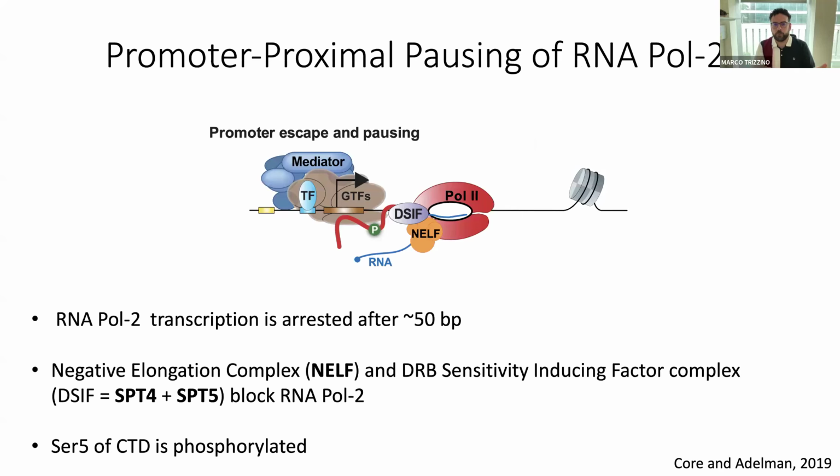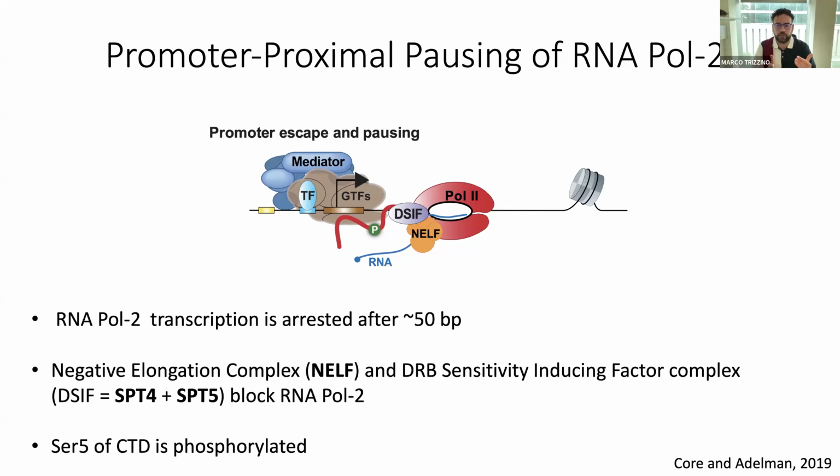So your RNA POL2 arrives at the promoter at the transcription start site and starts producing mRNA, messenger RNA. But then this transcription is normally arrested after about 50 base pairs, where RNA POL2 enters a so-called paused configuration. And the paused configuration is decorated, is flagged by serine 5 phosphorylation in the CTD.